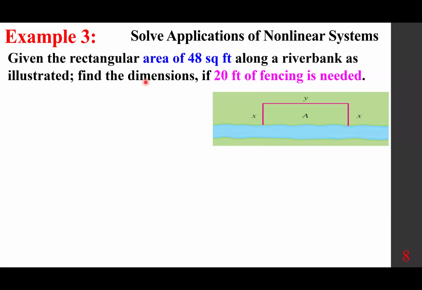So we have the width of x, the length of y, and the 20 feet of fencing is x and x, 2x plus y equals 20, and area of 48 means x times y must be 48.